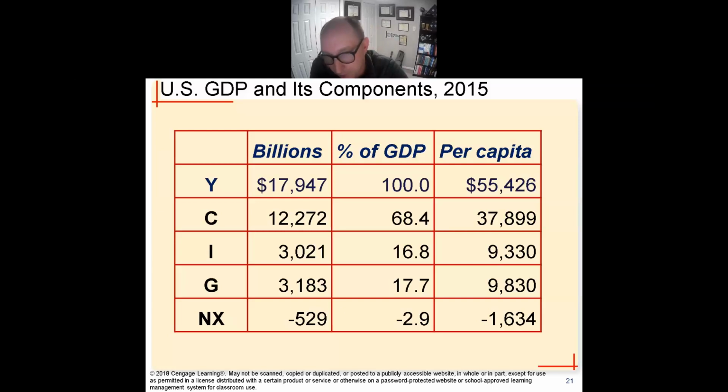So just remember the formula. It's very straightforward. Consumer spending, C, plus investments, I, plus G, government spending, plus X, net exports. If net exports is negative, a positive sign turns into a negative in the formula.